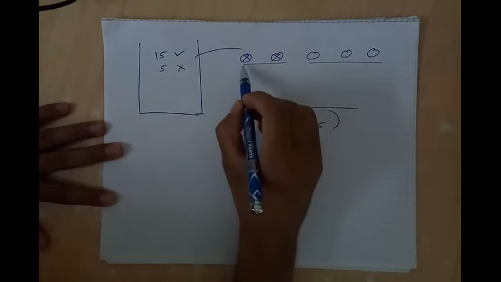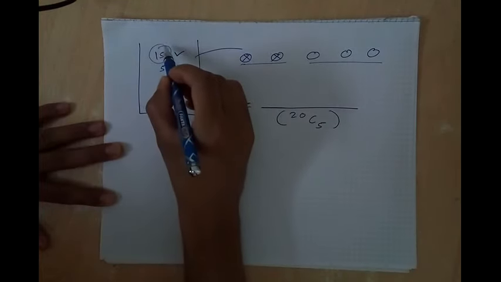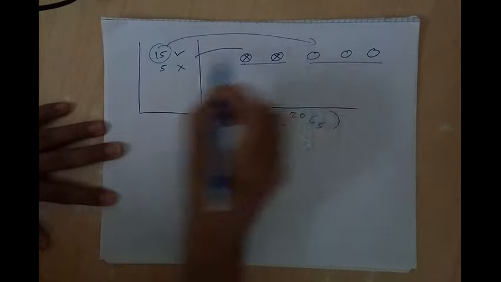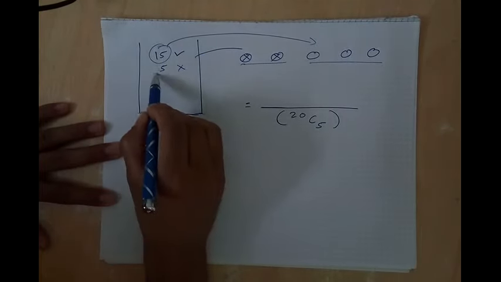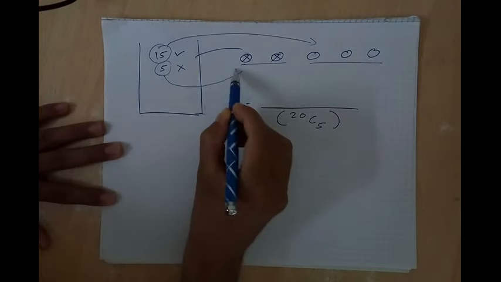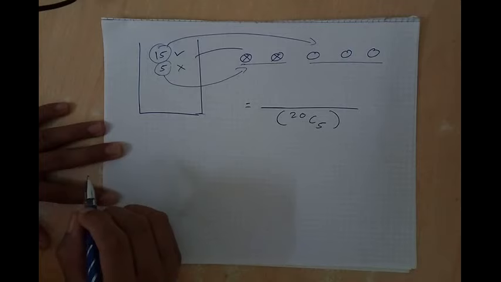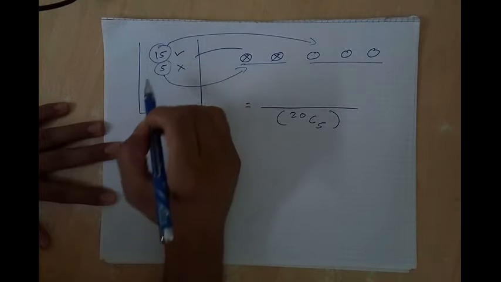Now this pattern is only possible if 3 tires are chosen from the okay tires, and 2 tires are chosen from the defective tires. So how many ways can we choose okay tires from these 15 tires?